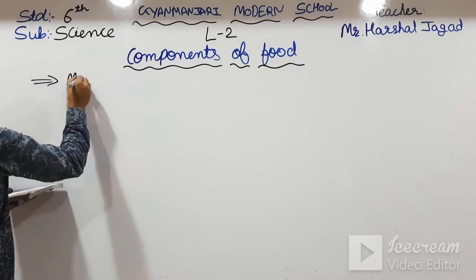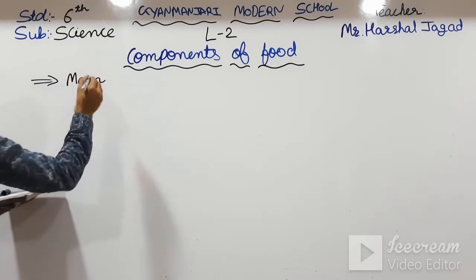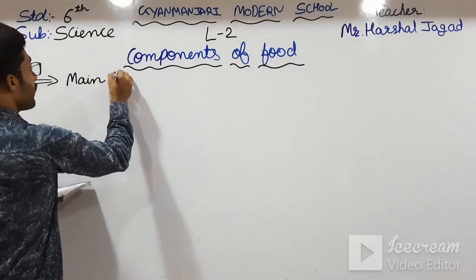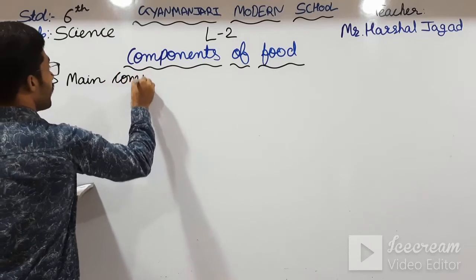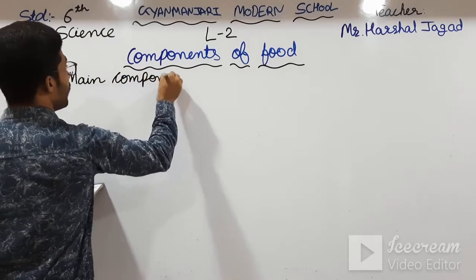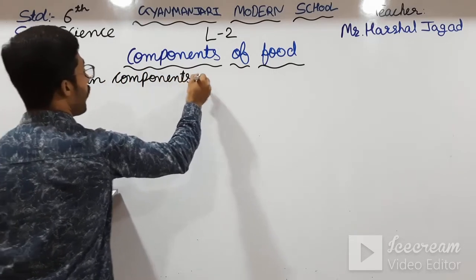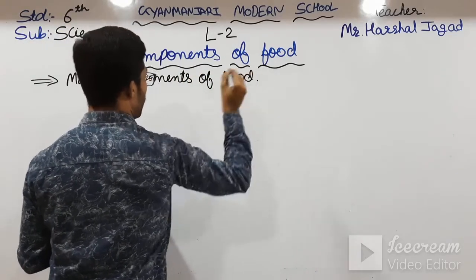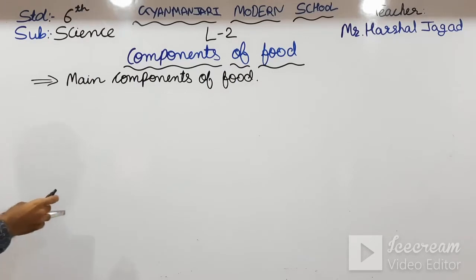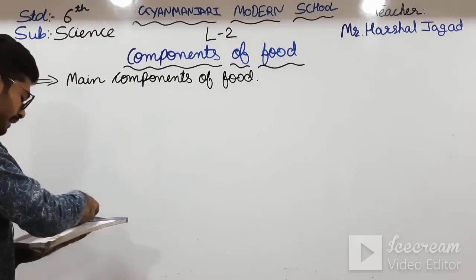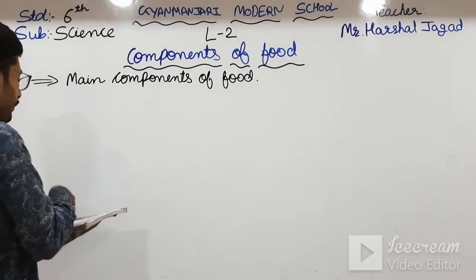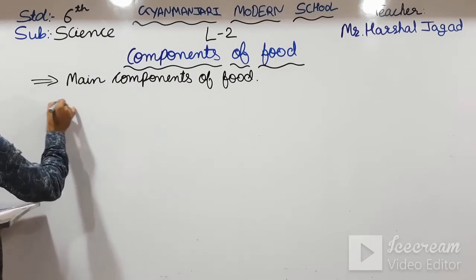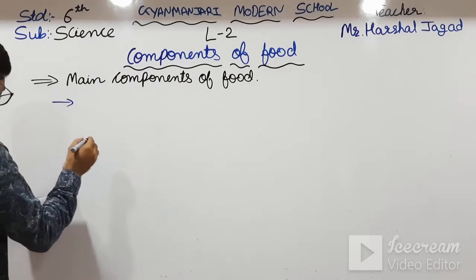Main components of the food. Let us see that the first main component is carbohydrate.